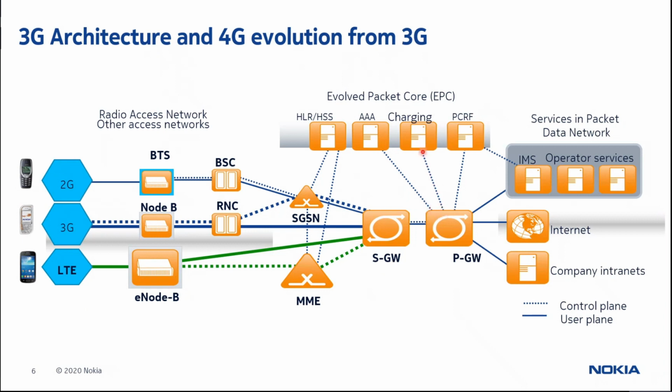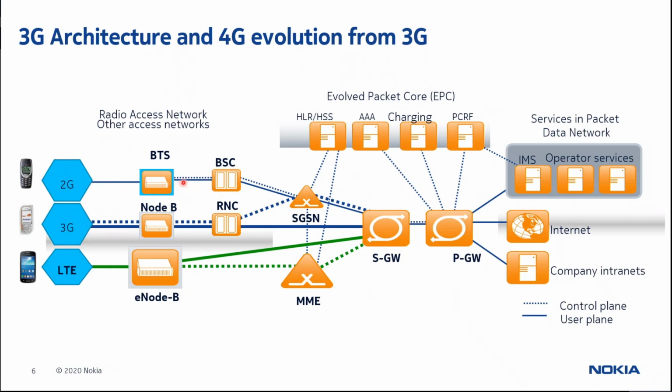These control plane related interfaces do not carry the user data or the user voice. The user data or the user voice is carried through the user plane. So when a mobile phone user is conversing with another phone user, the voice path will look something like this.